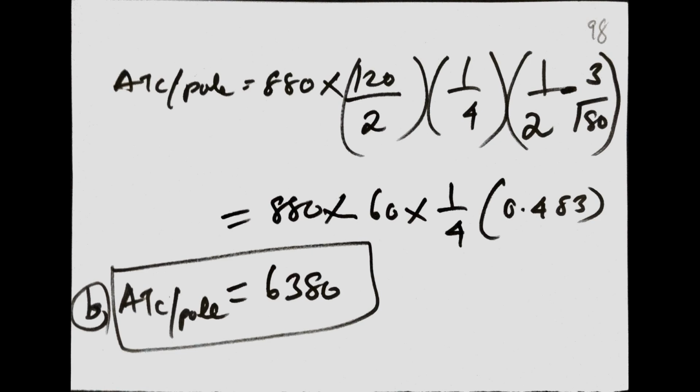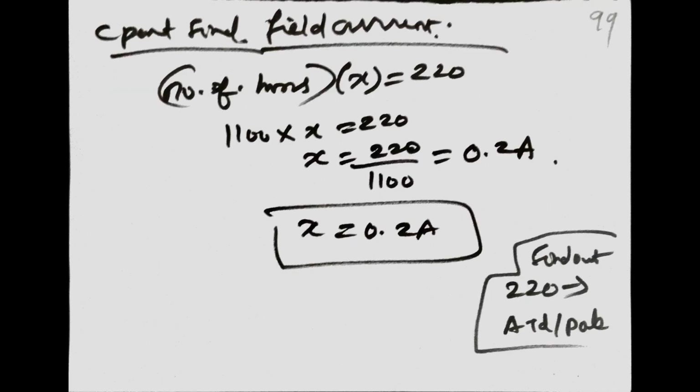Putting in the required values, we get ATD per pole equal to 220. The ATC per pole formula is Z Ia divided by A into 1 divided by P into (1 divided by 2 minus theta divided by 180). Putting in the required values, we obtain ATC per pole 6380. That is the cross magnetization per pole.